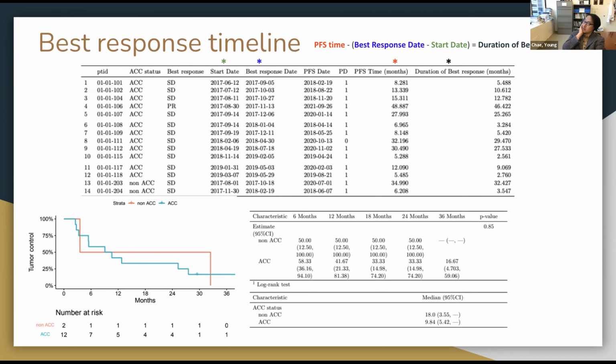So we do duration of response. But duration of response is usually from the start of the treatment till the response stops. Duration of response, DOR.